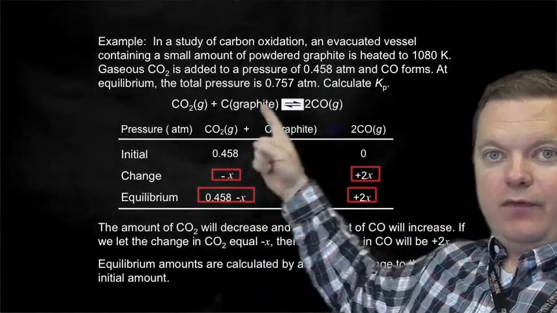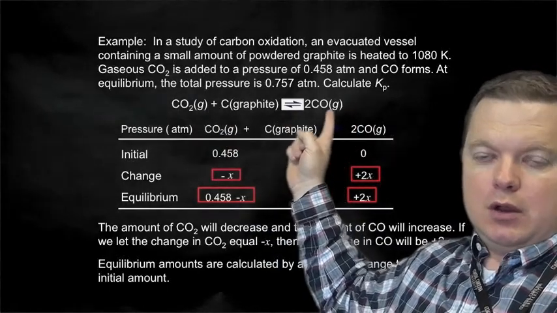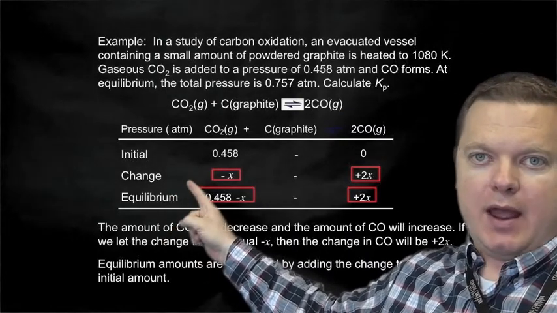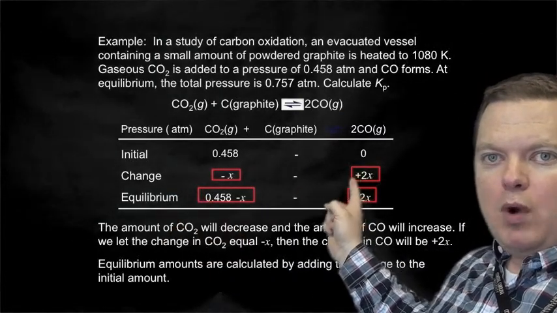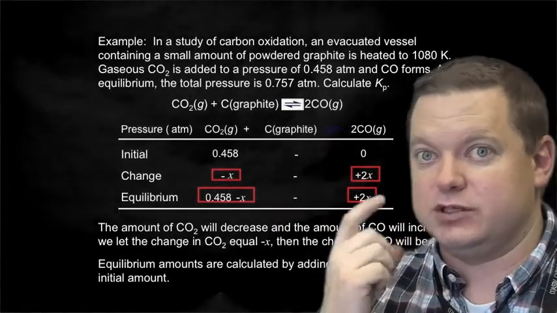So in this case, for every one carbon dioxide we react, we form 2 carbon monoxides. So if we're losing some amount X here, we're going to form twice as much X there, so that the coefficients carry down, because this X is the smallest value.